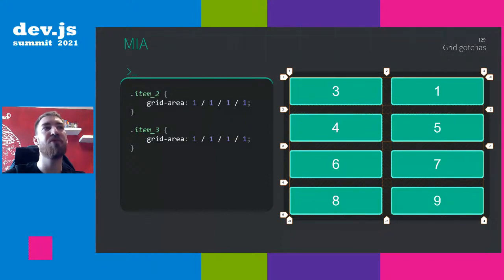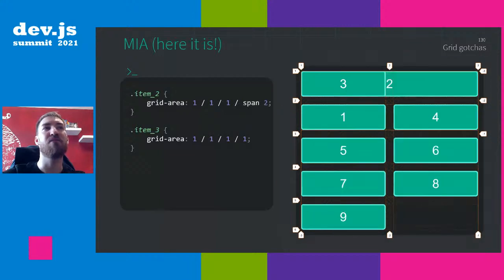It will place both those items in the same position, meaning that item number 2 is still there, but it is behind item number 3. And this can be very useful when you want to create overlapping content. So for example, you want some image and some kind of text on top of that image. You don't need z-index, you don't need absolute positioning or any of that kind of stuff. You can just use CSS Grid and position elements so that they overlap on the grid, and you will get exactly that.